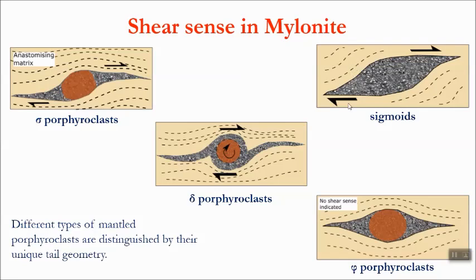Similarly, we have some kinds of shears called sigmoid shears. So what is the difference between a sigmoid and a sigma porphyroclast? These sigmoids are not exactly porphyroclasts. They are like this tail portion or some other mineral fragments which are totally fine grained. We do not have the nucleus of the remnant crystal here.